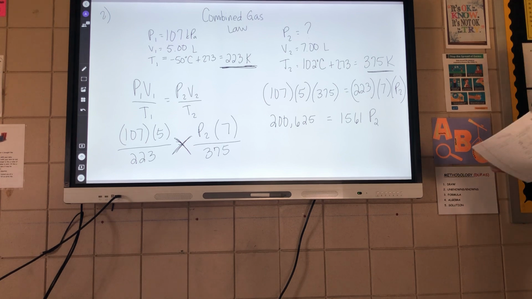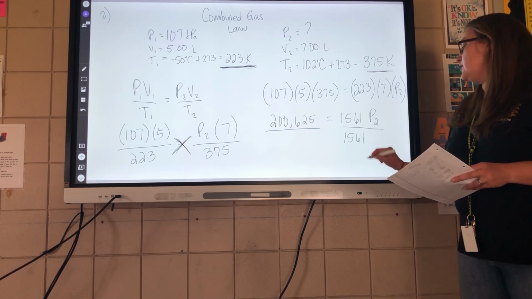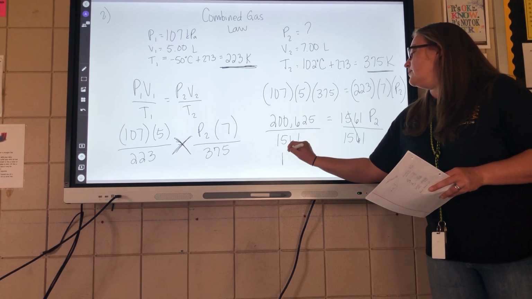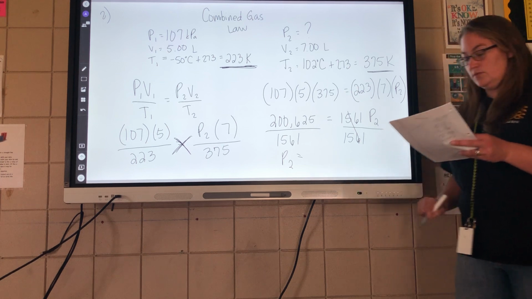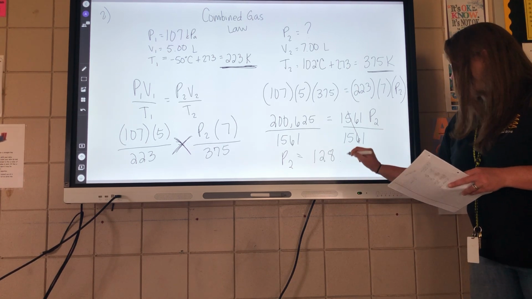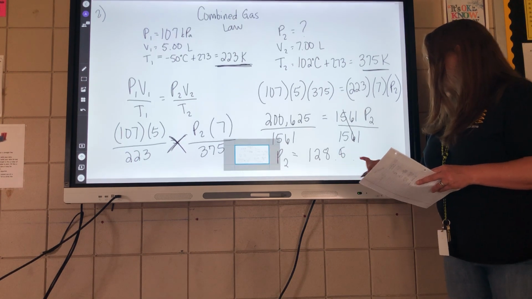So now I'm just going to divide by 1561 on each side. My P2 is equal to 128.50, ooh.